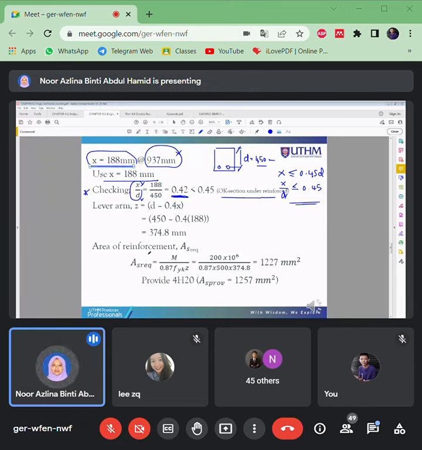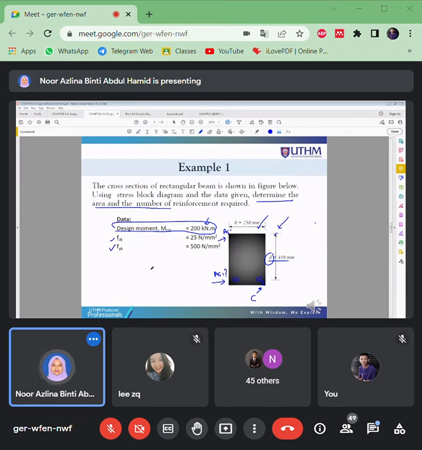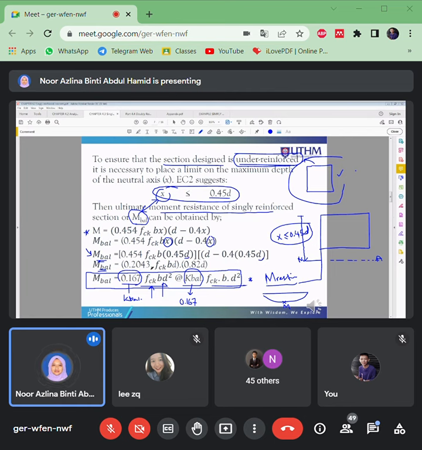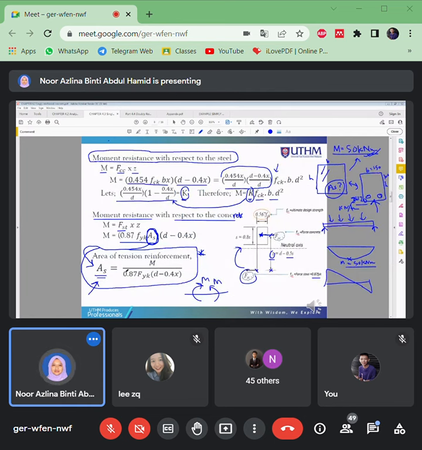Okay, then you can calculate the AS that is required here, by using this equation. So this equation is based on the diagrams, right? So I reverse it, which is the area of tension reinforcement based on moment resistance with respect to the concrete, FST multiplied by Z, and so on. You make AS the unknown here.